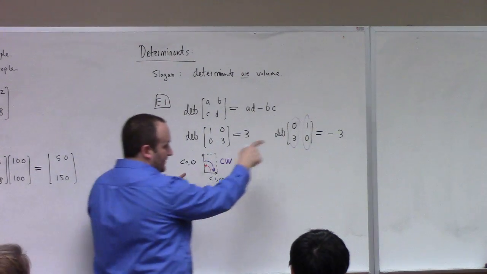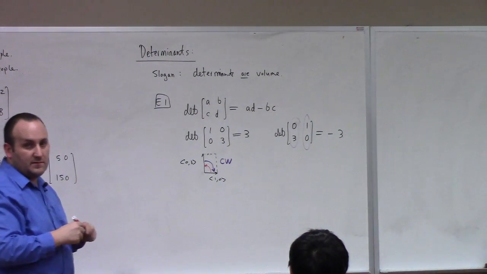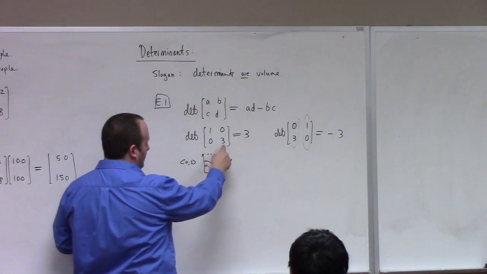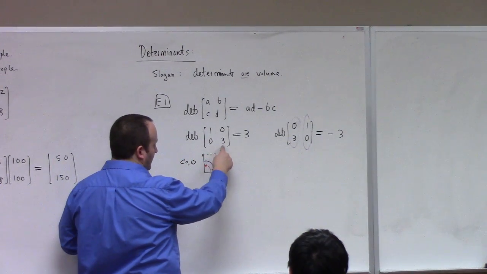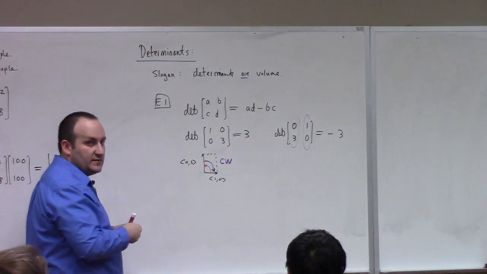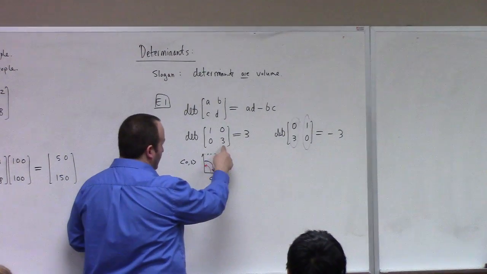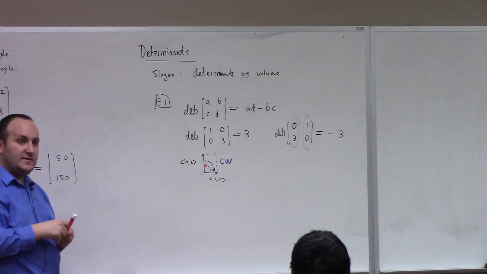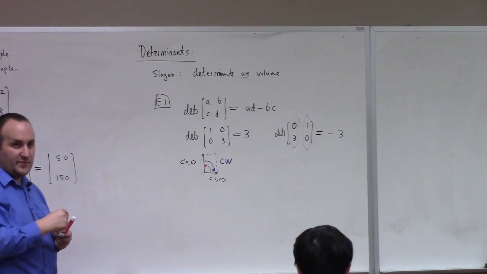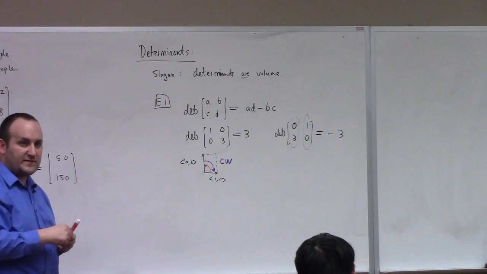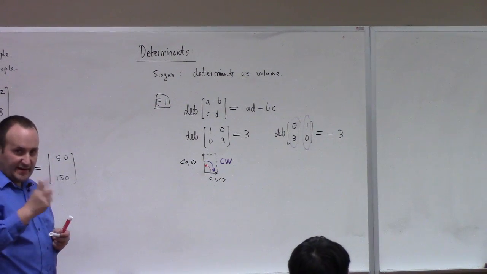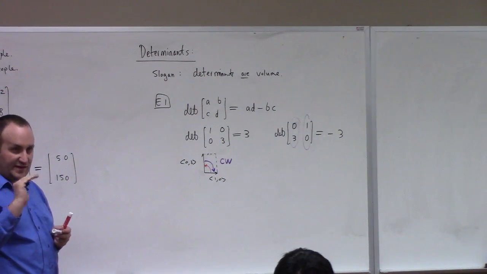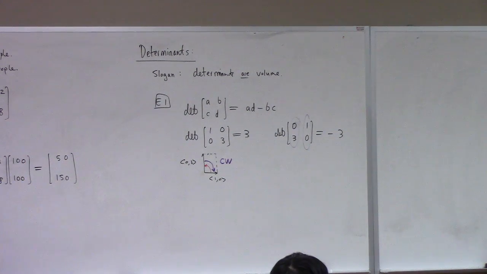And that's the reason for the minus. If the second vector is obtained from the first by a counterclockwise rotation, positive determinant. If the second vector is obtained from the first by a clockwise rotation, it's negative. So in this sense, the sign of the determinant determines the orientation of the vectors with respect to each other. This is the geometric meaning of it.